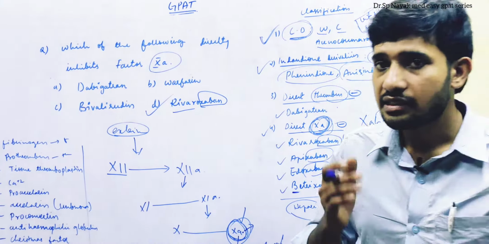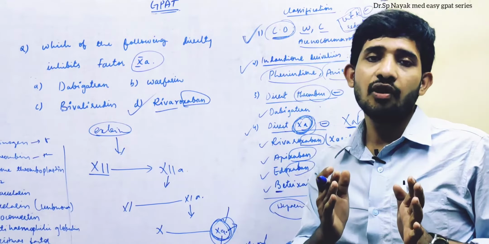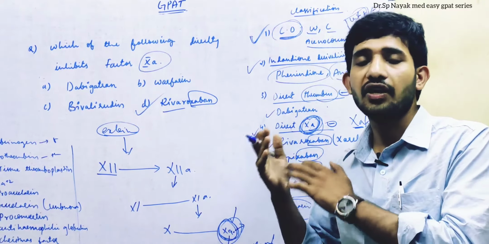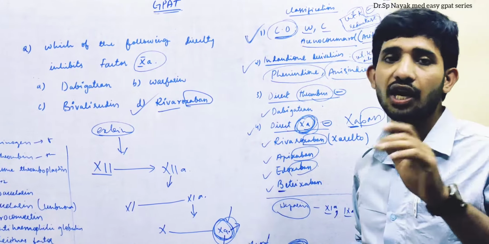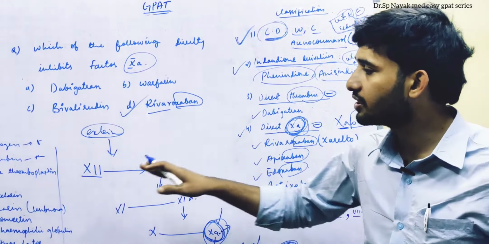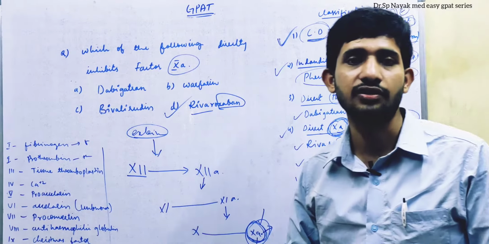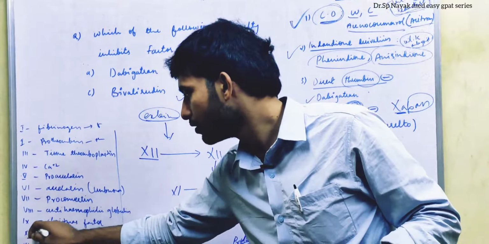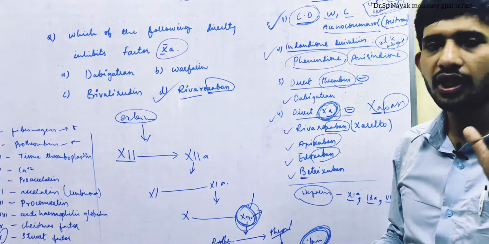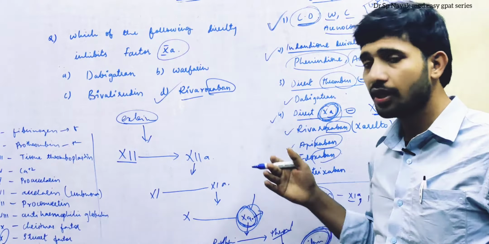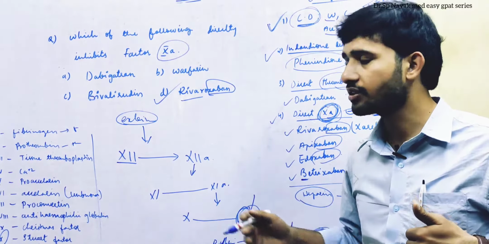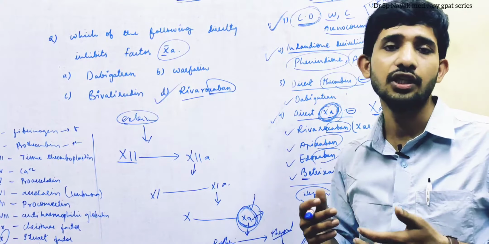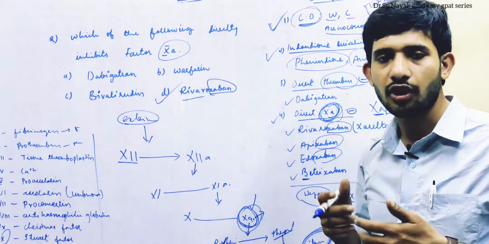Vitamin K reductase is the enzyme which activates the inactivated form of vitamin K into the activated form, because vitamin K is very important for the synthesis of all these factors, especially factor 10, almost all the factors. So it is very useful for the formation of clot.